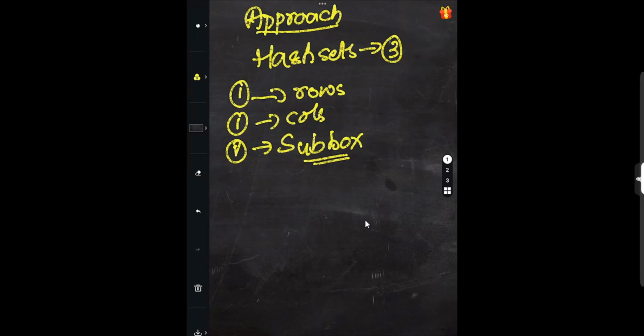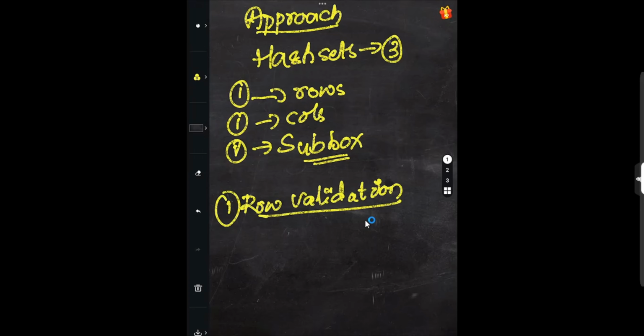So what will be the approach? What are all the things that we need to consider here? First, we need to go with the row validation, right? What we need to consider here is that we have to maintain a hash set for each row. Why are we making use of the hash set?